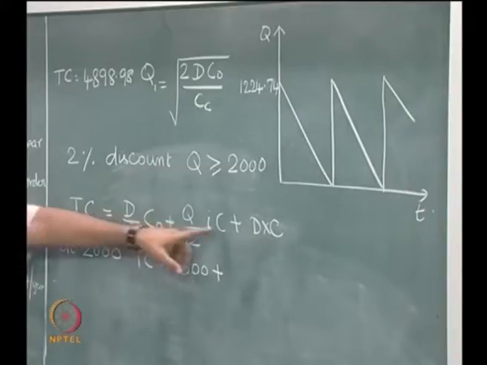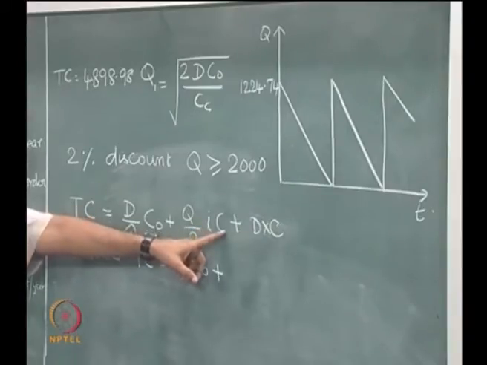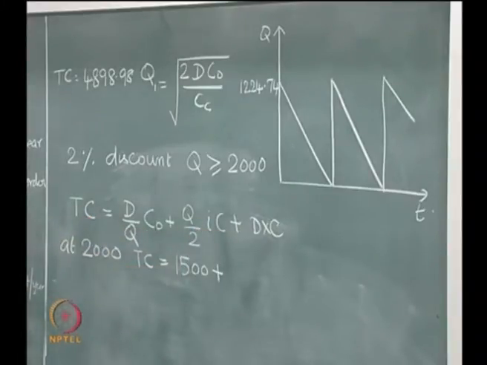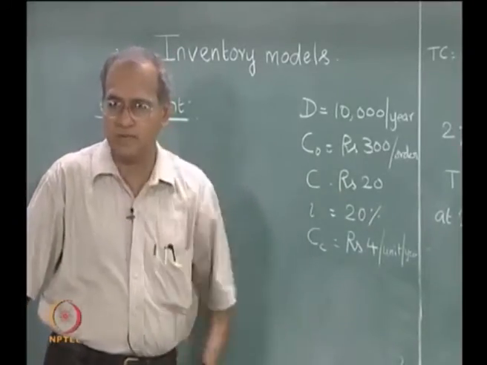Now, IC is 20% of rupees 4 into 98%, because at a quantity of 2000 the unit price is not 20, but it is 98% of 20.